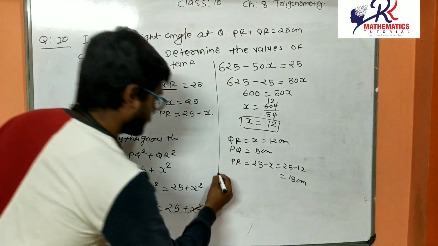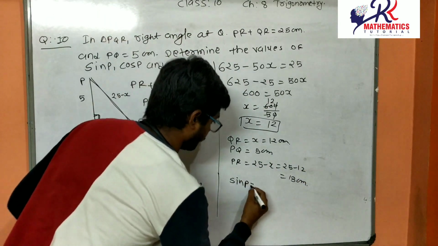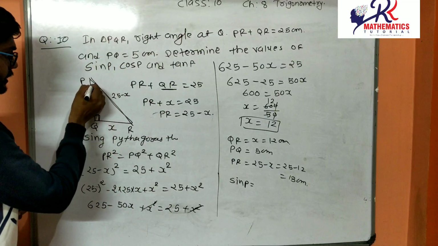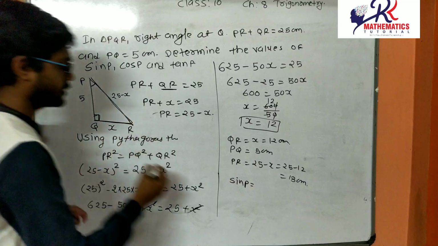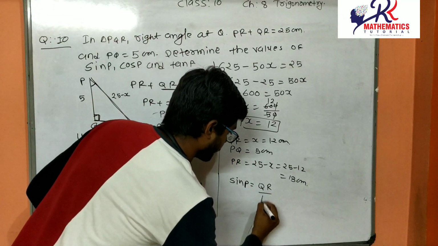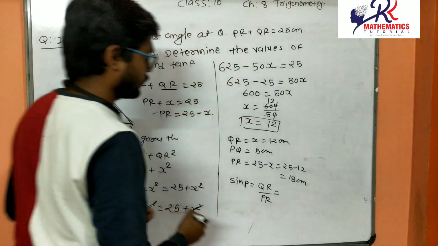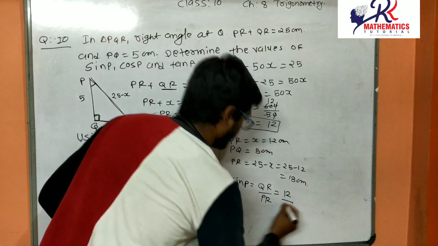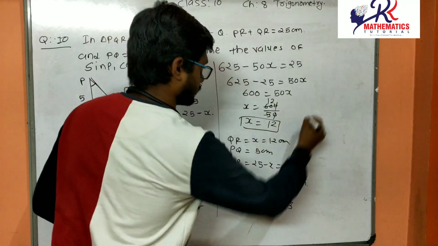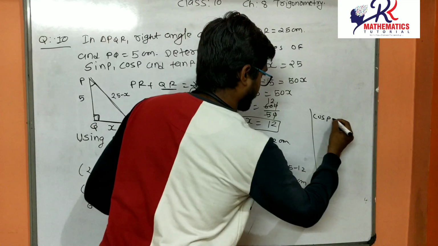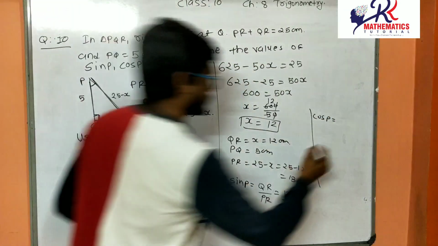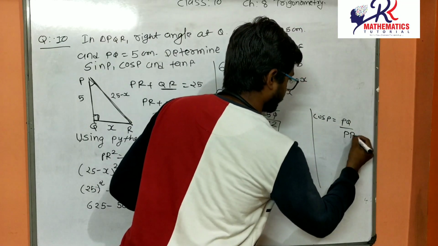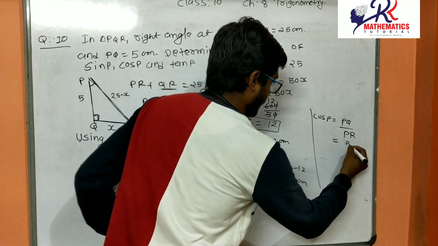Now we have to find the value of sin P first. So we have to take the reference angle as P. So sin P is opposite side upon hypotenuse, which is QR upon PR. So the value of QR is 12 and the value of PR is 13. Now cos P. So cos P is adjacent side PQ upon hypotenuse PR, so it is 5 by 13.